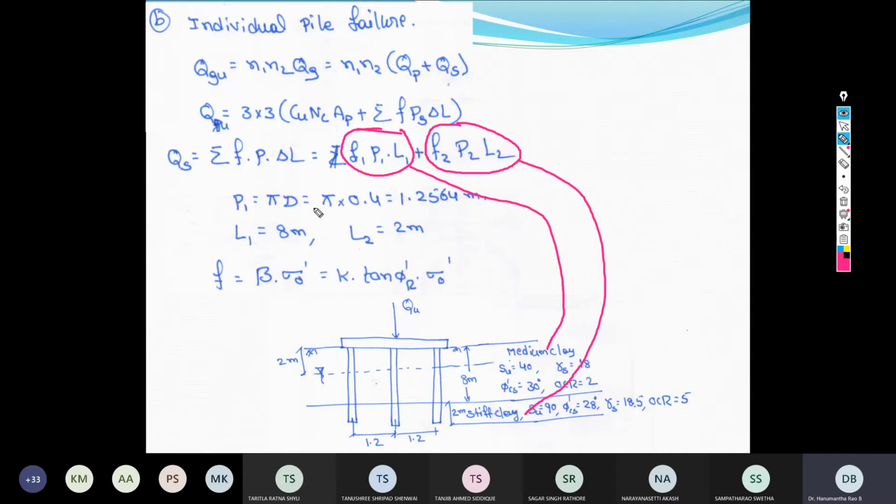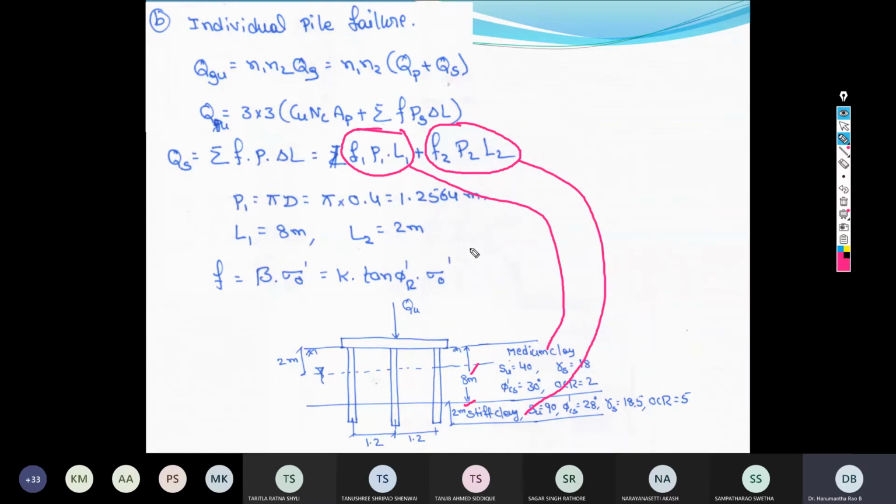P1 and P2 are both the same. P1 is pi d, so pi into 0.4, 1.2564 meter. Now L1 is 8 meter, L2 is 2 meter, so this is also straightforward.